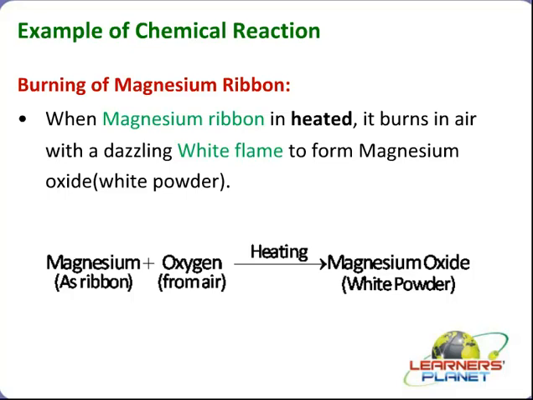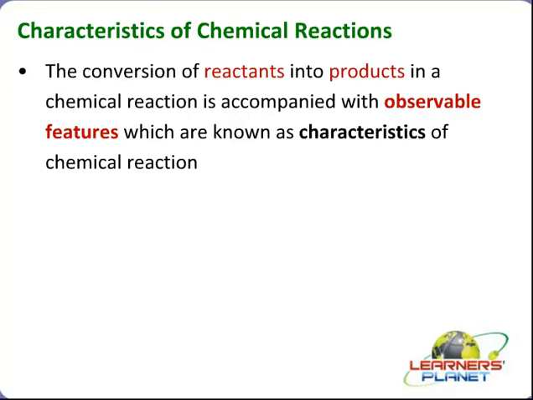Fine. Now this magnesium burning in oxygen giving magnesium oxide is a chemical change, and its word equation is represented like this: magnesium plus oxygen on heating gives magnesium oxide. So this is a chemical change or a chemical reaction.